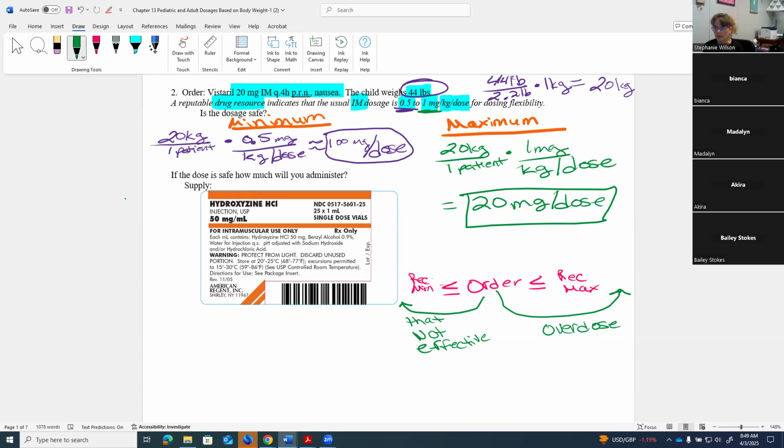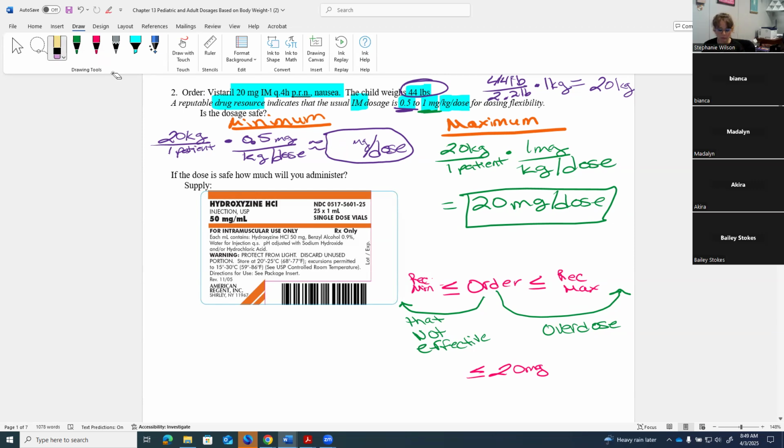So is this safe? Well, let's look at what we got. We have our order, which is 20 milligrams. We have our... y'all, no one, I just now caught that.